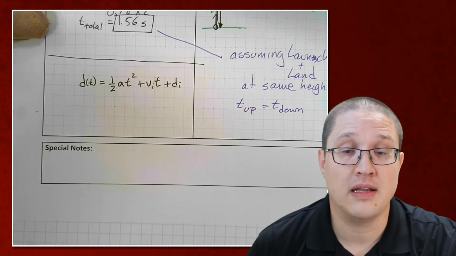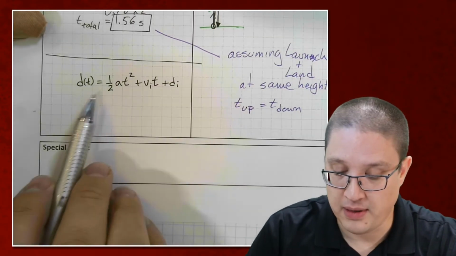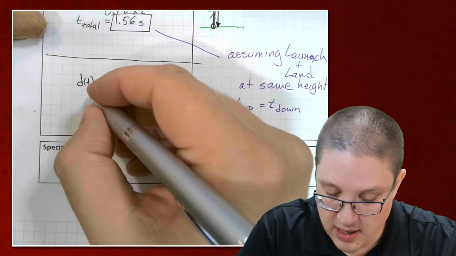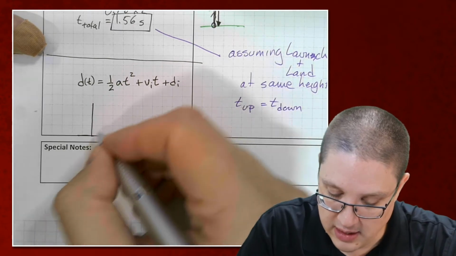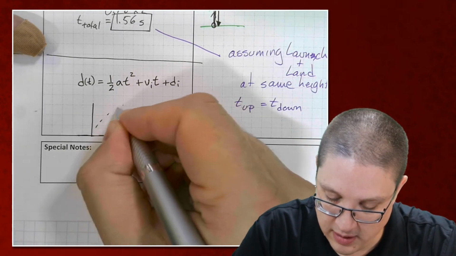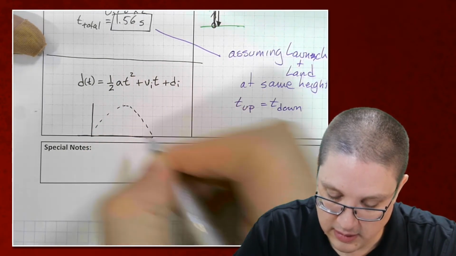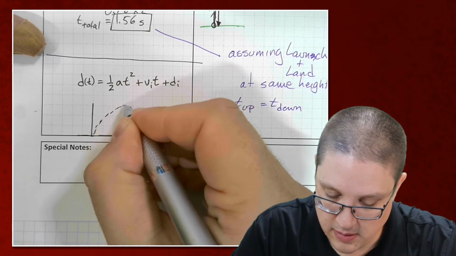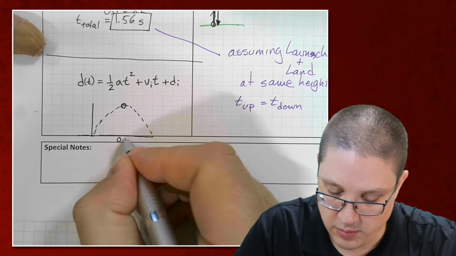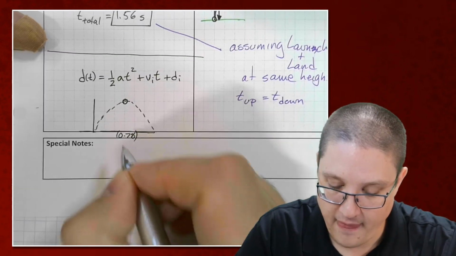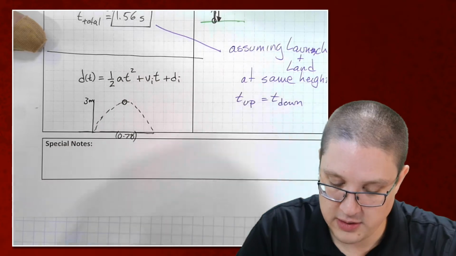If I start plugging this in, I end up getting a parabola, and for the second case, what this would look like is my parabola would look something like this, with a peak right here at 0.78 and 3 meters.